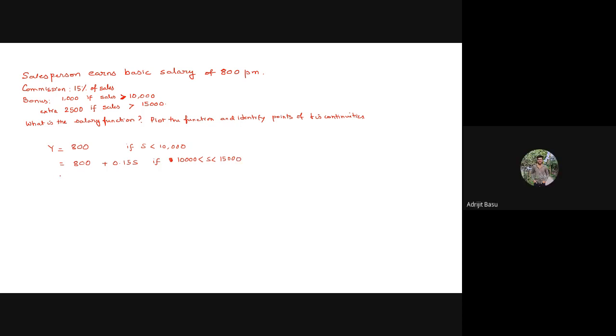Next is 3300 plus 0.15 S if S is greater than 15,000. Yes sir, 800 plus 2500, so 3300 plus 0.15 S.